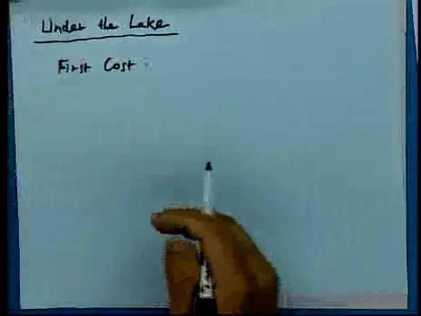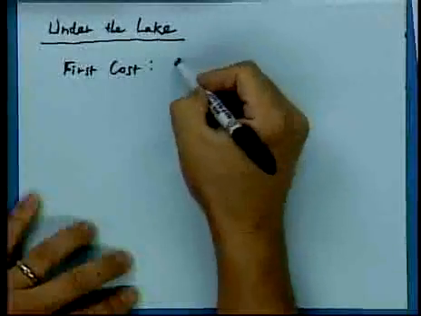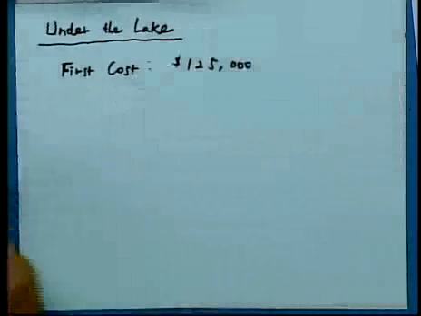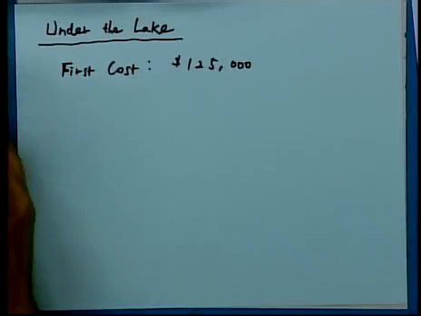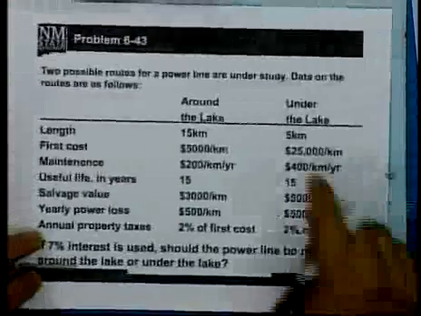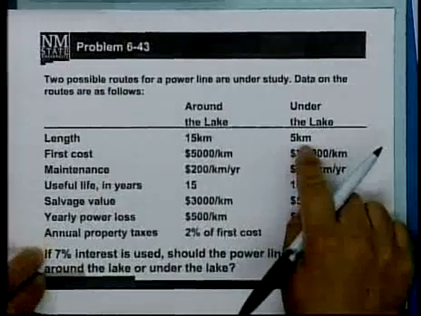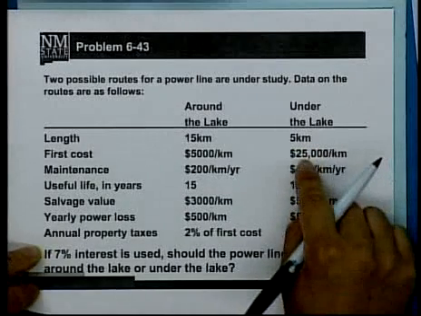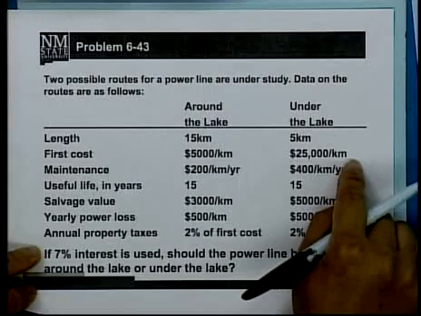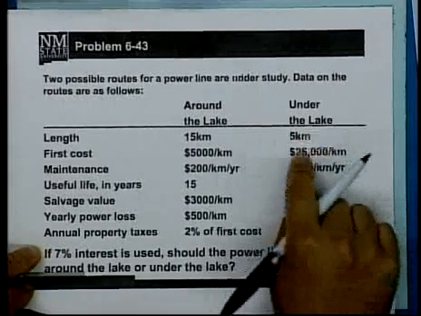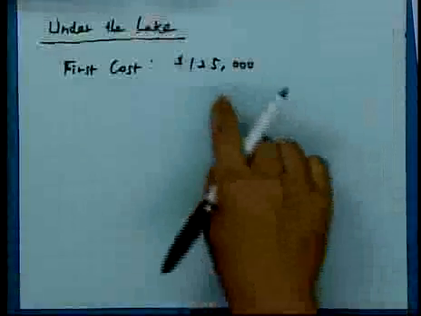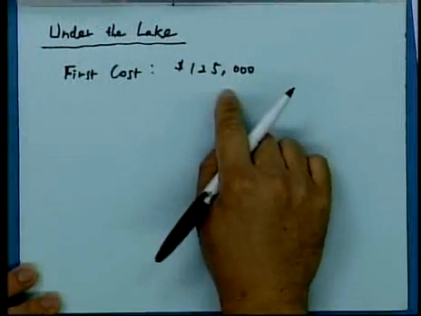That is going to be $125,000. How do you get this number? Because the total length would be 5 kilometers, and the first cost is $25,000 per kilometer. So you need to multiply these two numbers. 5 times $25,000 becomes $125,000.